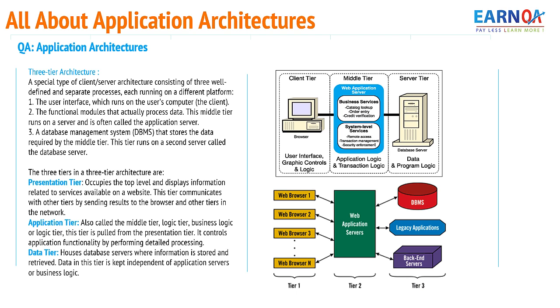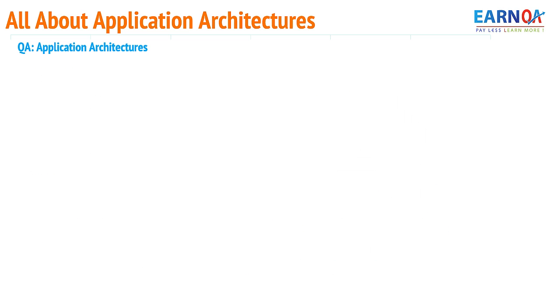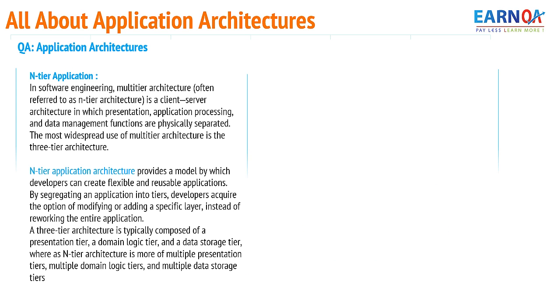Most web-based applications, such as e-commerce and online purchase applications, belong to this category. Then we have the next category, called n-tier architecture. In n-tier architecture, it's not just one application layer or one database layer.